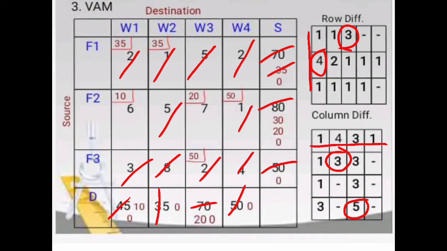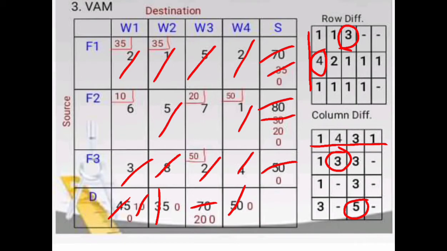As we can see, we have 2 cells that are not cancelled. So we find the least cost, and the least cost is 6. The supply is 30 and the demand is 10. Since the demand is the lesser value, we allocate 10 here and then cancel out. 30 minus 10, we have a remaining of 20.